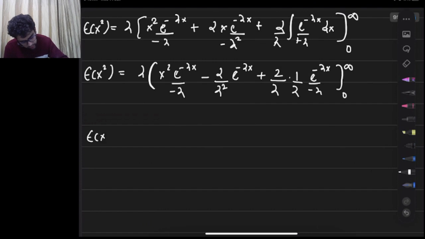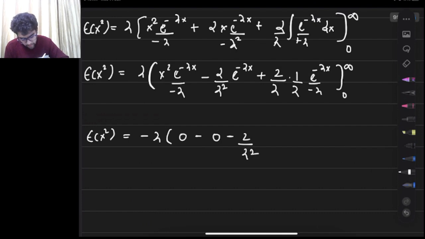If I start putting in the limits now, I'll take the negative lambda out. If I put infinity in all of these terms, I'll be getting 0. If I substitute 0, the first term gives 0, the second term also has an x, so it is 0 only.